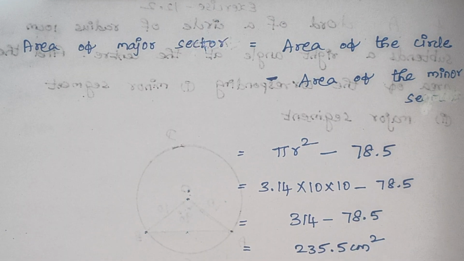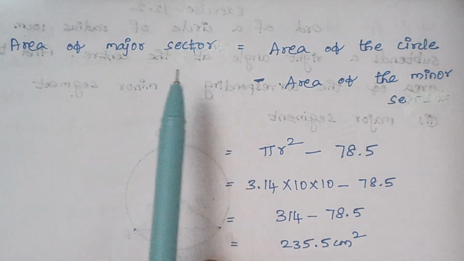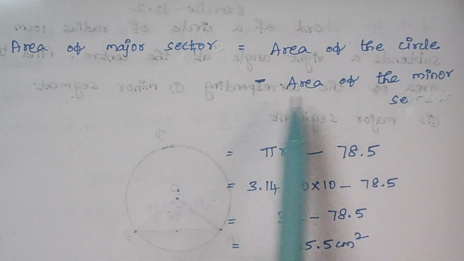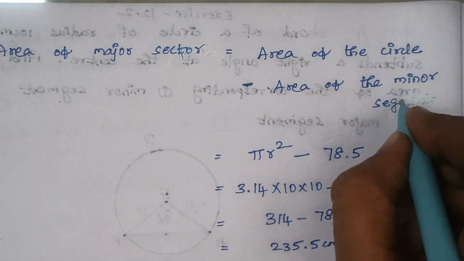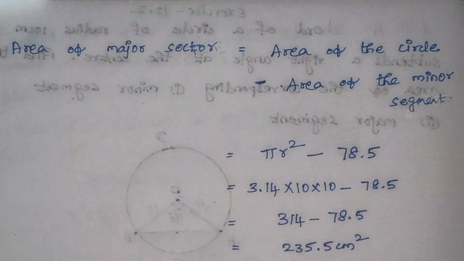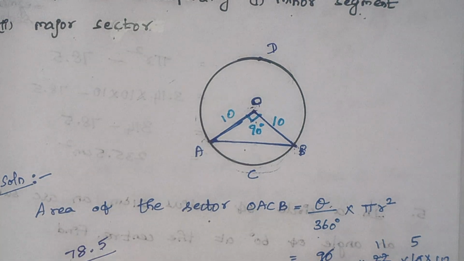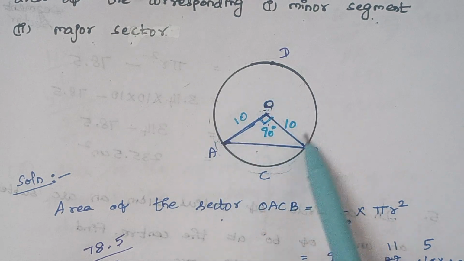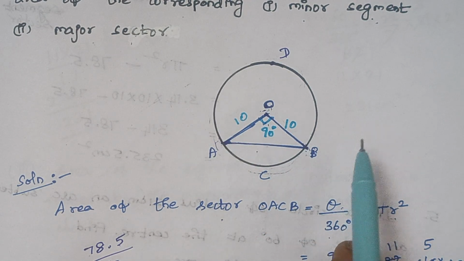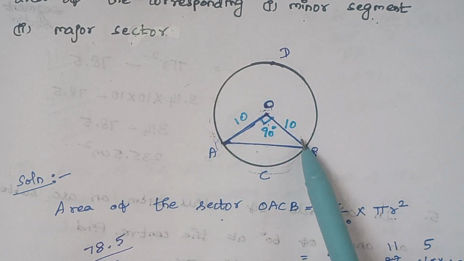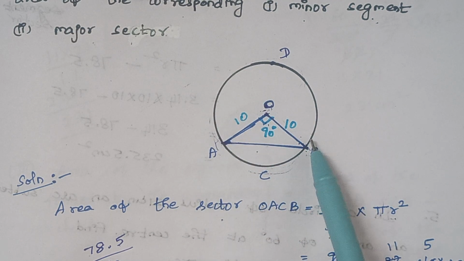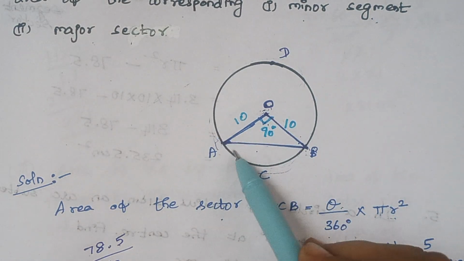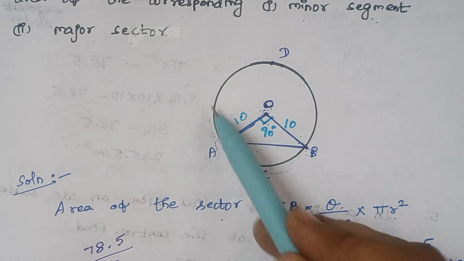The next part is finding the area of the major sector. The area of the major sector is nothing but the area of the circle minus the area of the minor segment. The major sector here is OADB. So the procedure is that we find the area of the circle and subtract this portion, then that will give the value of OADB.